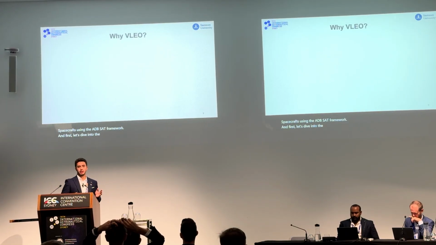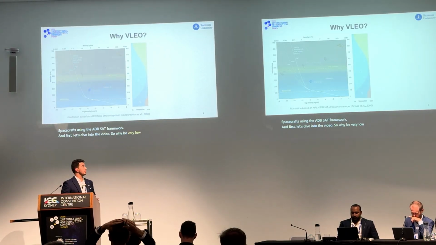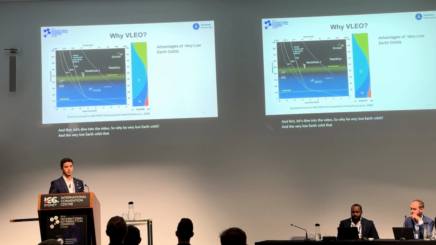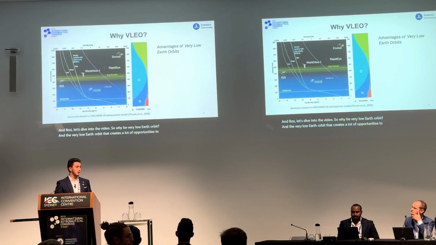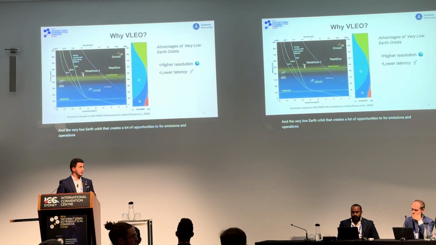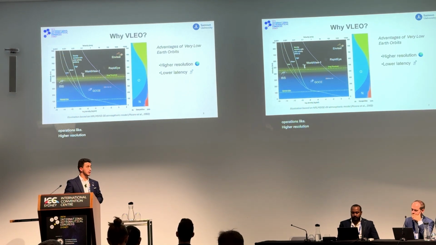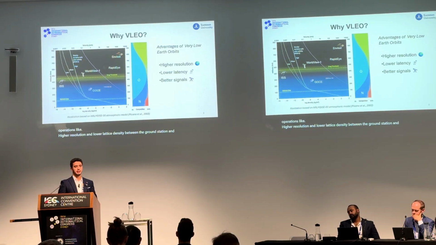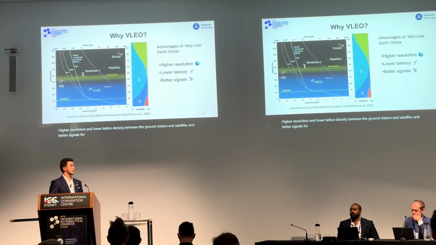So, why very low Earth orbit? Very low Earth orbit creates a lot of opportunities for missions and operations, like higher resolution, lower latency between the ground station and the satellite, and better signals for critical missions.